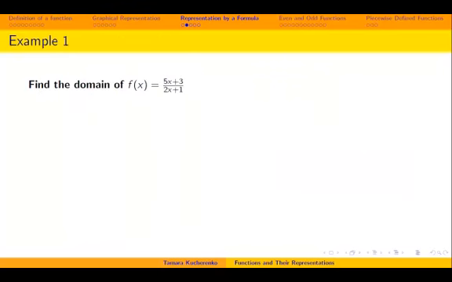Let's take a look at a few examples. The first example is to find the domain of f(x) = (5x + 3)/(2x + 1). The denominator cannot be 0, so we set 2x + 1, which is the denominator, not equal to 0.